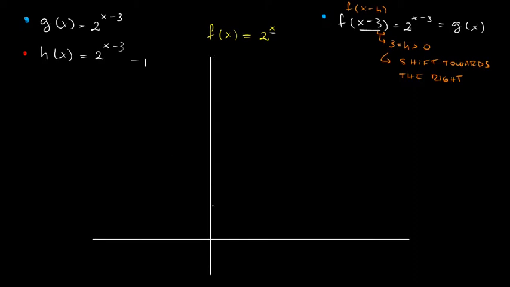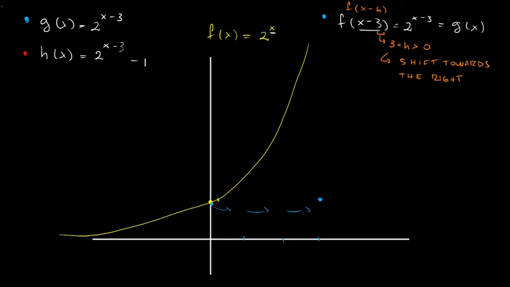Let's start by plotting f. F is a function we have plotted before, so its intercept is 1, and it looks something like this. Now to plot g, we have to move f 3 units to the right. So what we're gonna do is move the y-intercept. So this is 1, 2, and 3. We're gonna move this point 3 units, so that would leave it here.